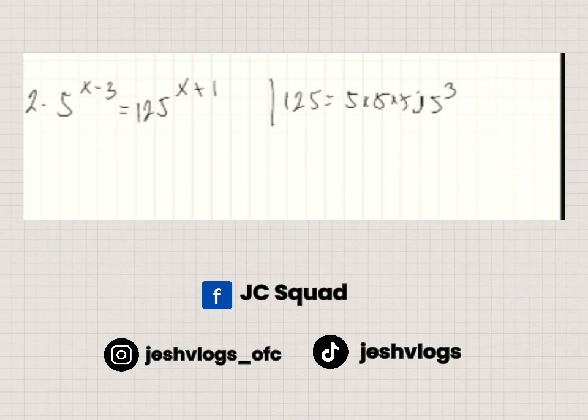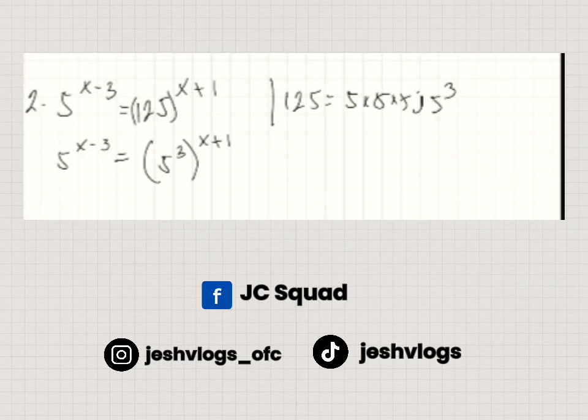So we can replace 125 with 5 cubed. So 5 raised to x minus 3 is equal to 5 cubed, raised to x plus 1.